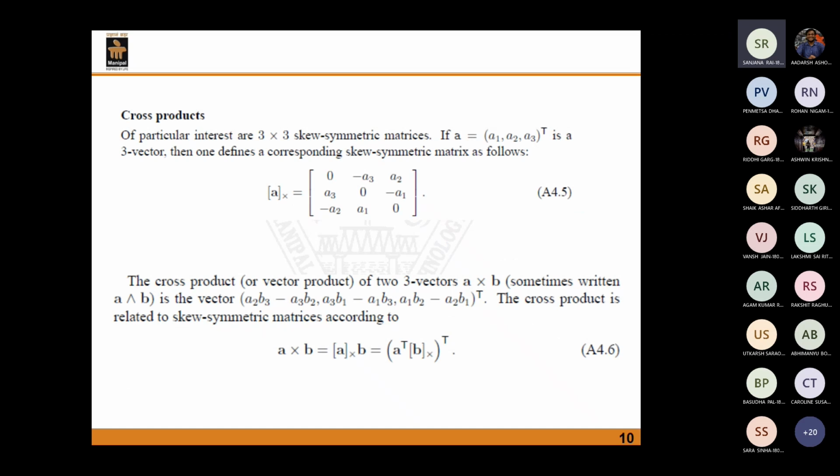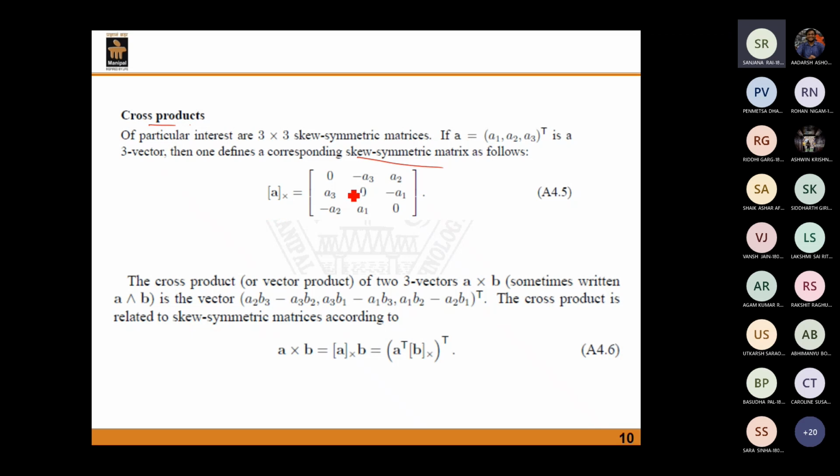Now let's familiarize ourselves with cross products. Before going to the cross products, let's see what a skew symmetric matrix is. Let's say A is given by A1, A2, A3, which are the elements of a three vector. I can create the skew symmetric matrix, which I denote as A with a square bracket, suffix x.